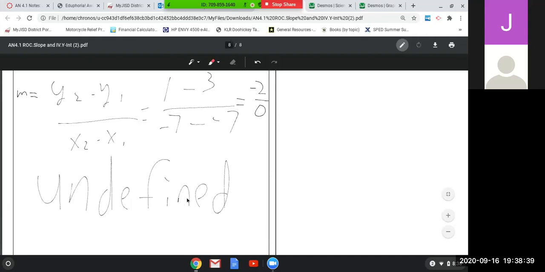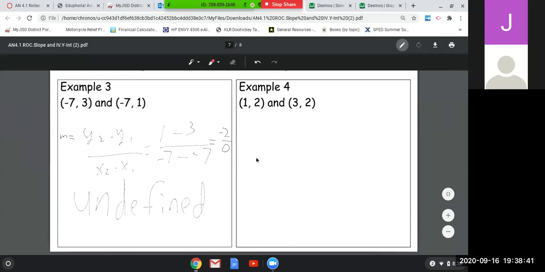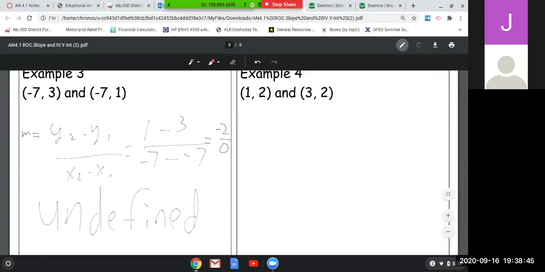All right, we'll do another one here real quick. We'll do this one real fast. This time I'm not even going to write the formula out. Okay. I know it's going to be something over something over something over something. I know I start out on top with y2, so that's going to be a 2.